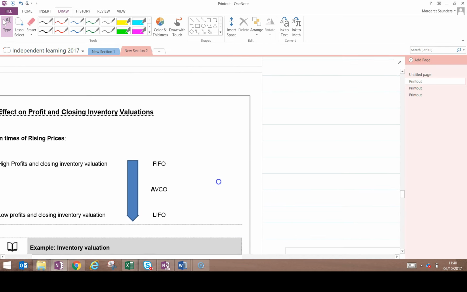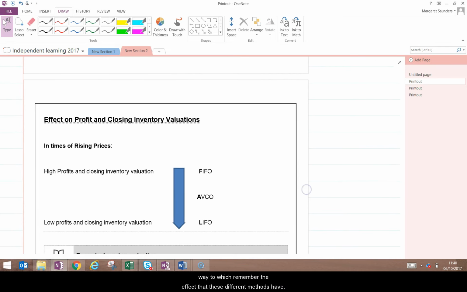And a way to remember the effect that these different methods have: FIFO gives us the highest profit and closing inventory valuation, then AVCO, and then LIFO. So LIFO will give us the lowest profit and closing inventory valuation.